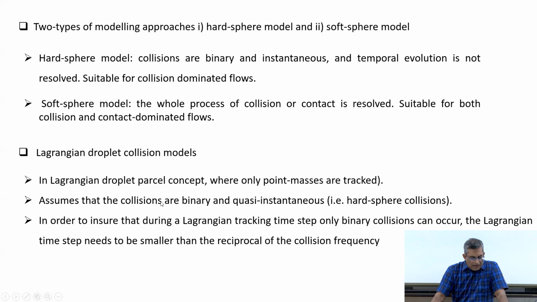In this case, this refers to the hard sphere model, and the collisions are treated as binary and quasi instantaneous, which means almost instantaneous. In order to ensure that during a Lagrangian tracking time step only a binary collision can occur, the Lagrangian time step needs to be smaller than the reciprocal of the collision frequency. Basically, your time step should be smaller than the collision time scale, only then does it make sense to model.